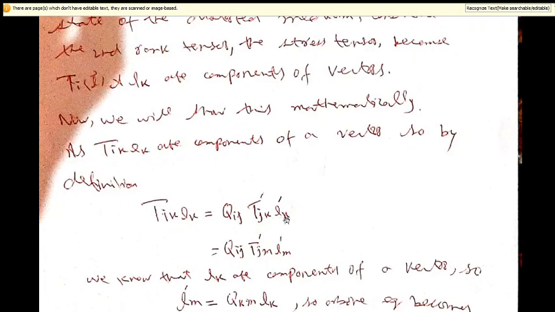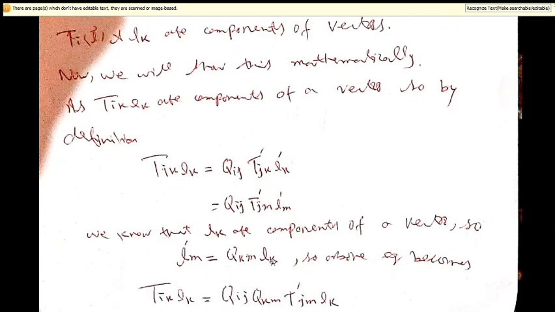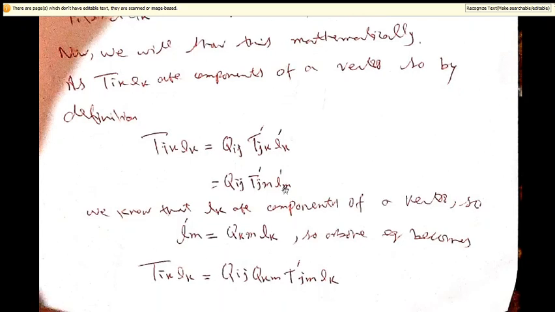Now we are changing k with m. We know that lk are the components of a vector, so we can write l dash m equals Qkm lk, because these are the components of a vector, so they will satisfy the transformation law of a vector, a first order tensor. So we will use this here.